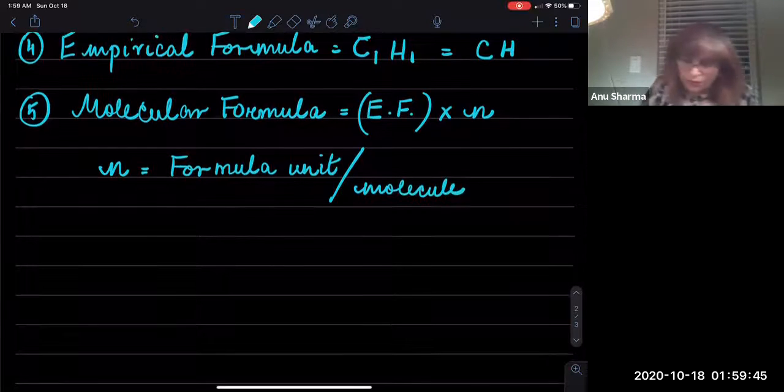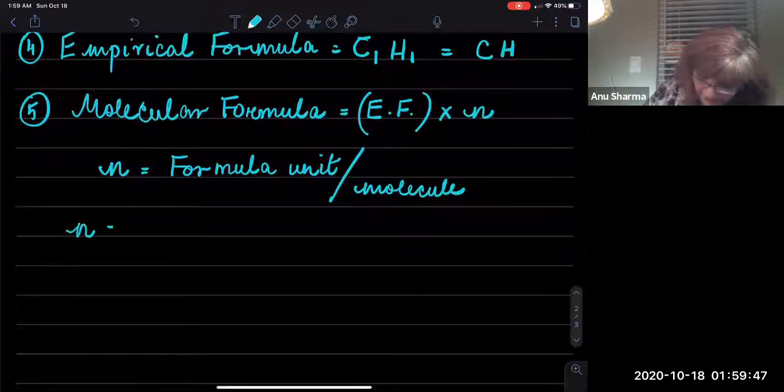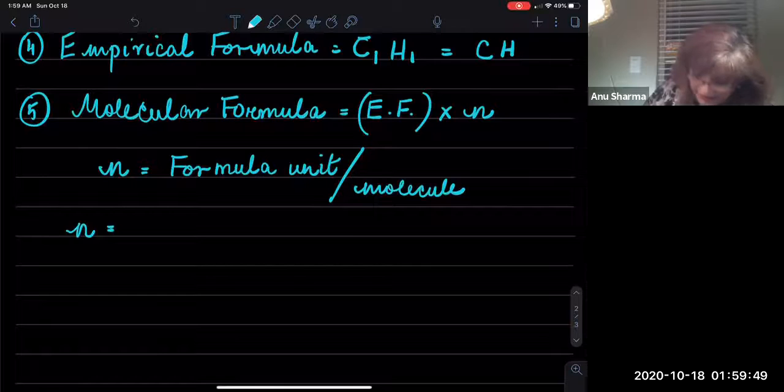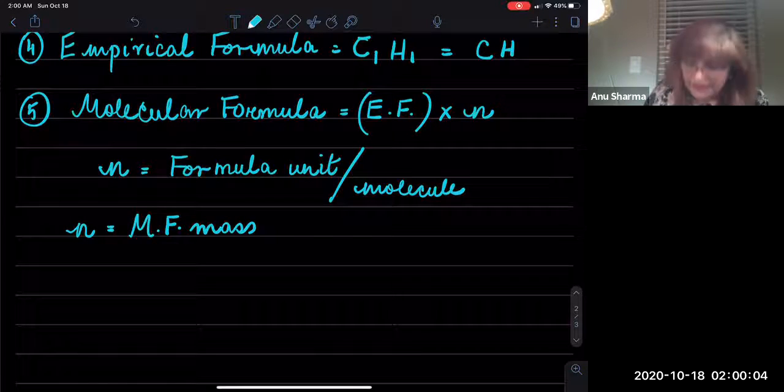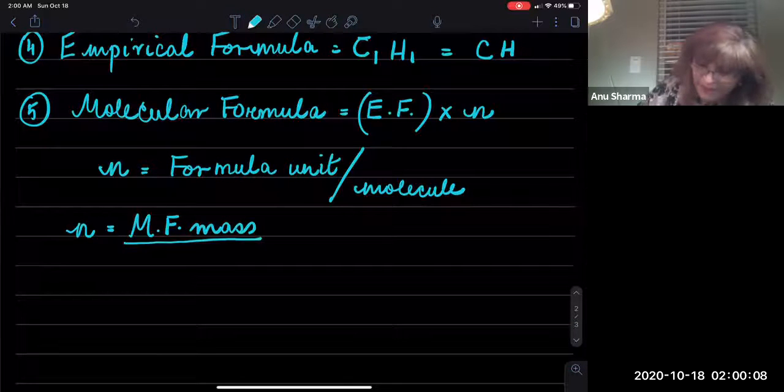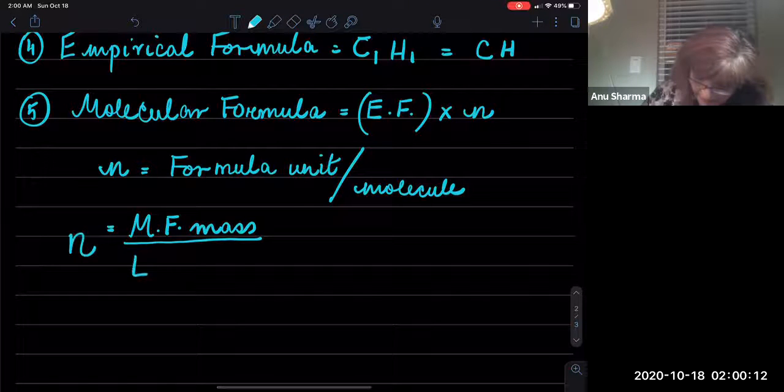How do you calculate N? You take the molecular formula mass, or the molar mass that is given to you, and you divide that by the empirical formula mass.